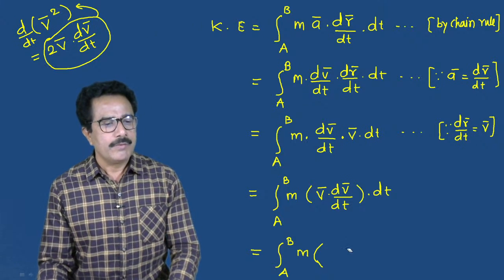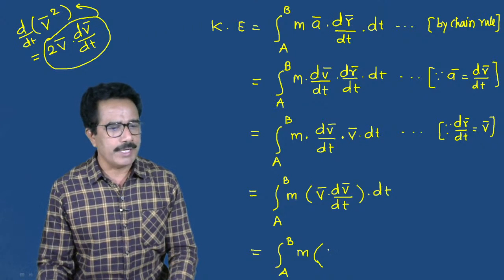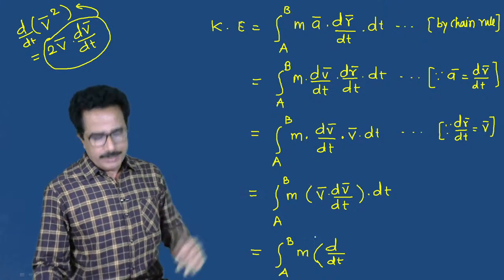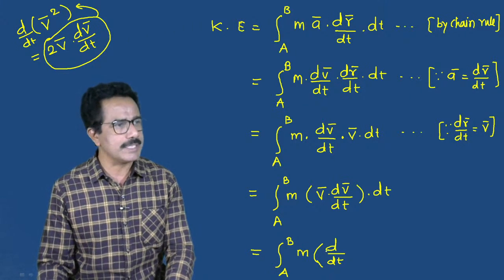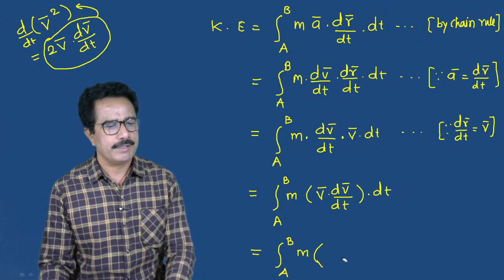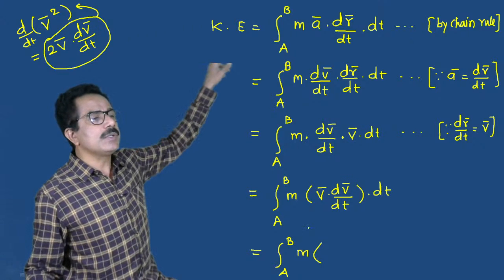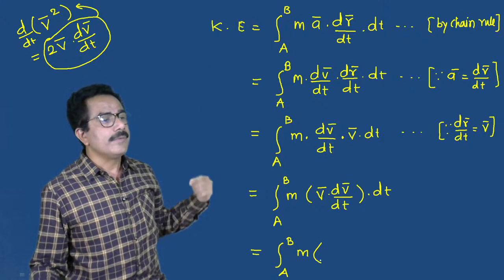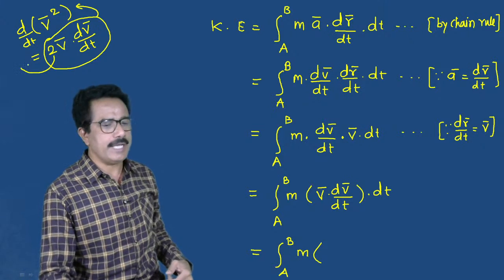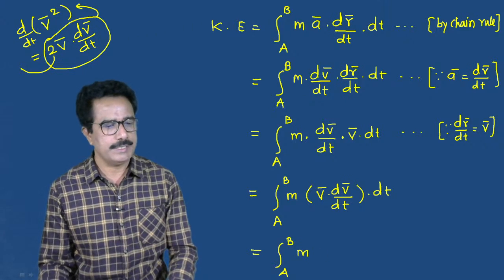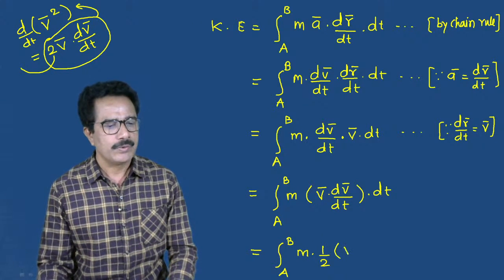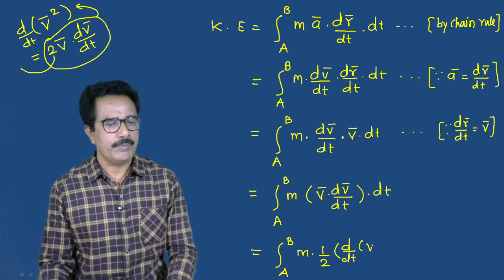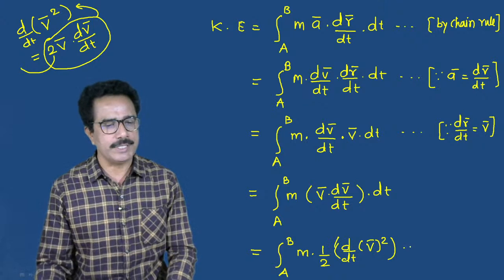Okay, v into dv by dt can be written as v square d by dt of... But here there is no 2. Since there is no 2, we will have to adjust. One minute. We shall adjust this first. Okay, see this, v into dv can be written as 1 by 2 into d by dt of v bar square into dt.